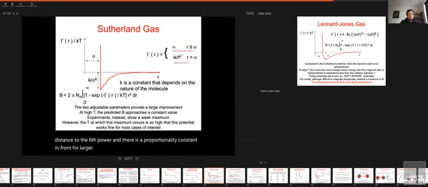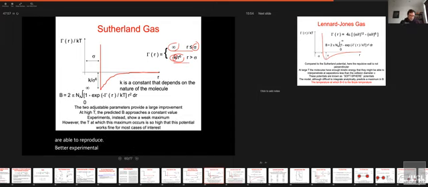So this part takes into consideration dispersive interactions, and this part takes into consideration hard spheres, the hard volume of a particle. To solve the integral, we split it again between 0 and sigma, and from sigma to infinity, and now we can solve it. And what you see is that you now have two fitting parameters. One is sigma, and one is k. So by fitting those two parameters, you are able to better reproduce experimental data.